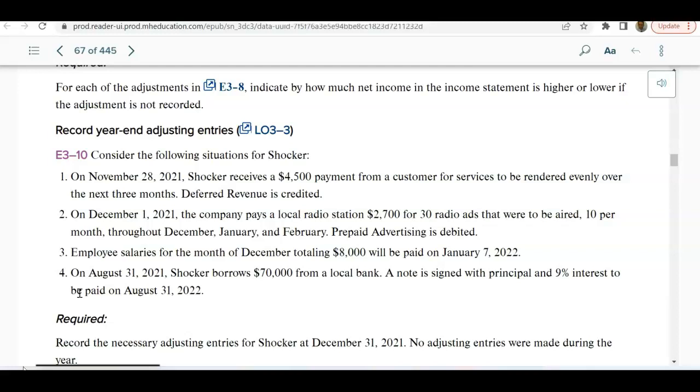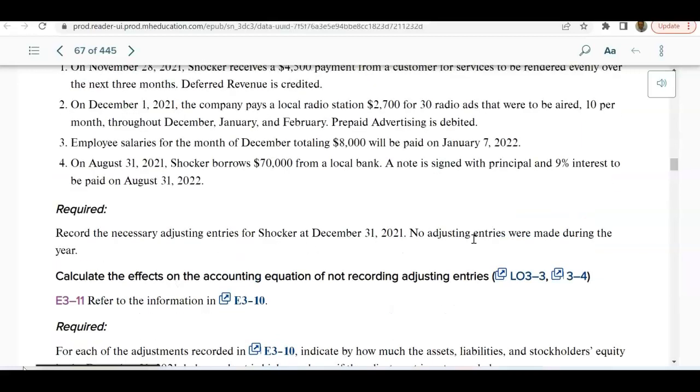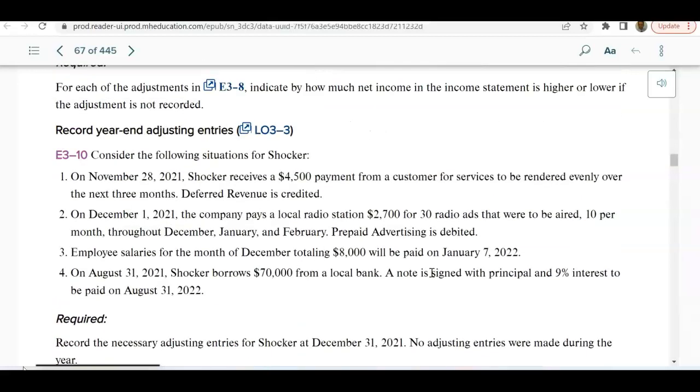It's payable next year, 12 months later, but you need to recognize an adjusting entry for what? For the interest that has been accrued, even though you're not going to pay yet. So this is an accrual of interest because of the passage of time. So it's an accrual adjustment.